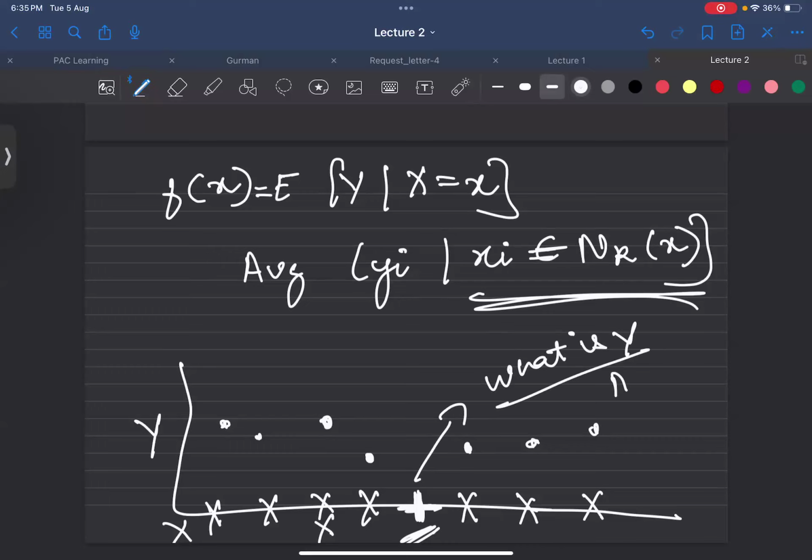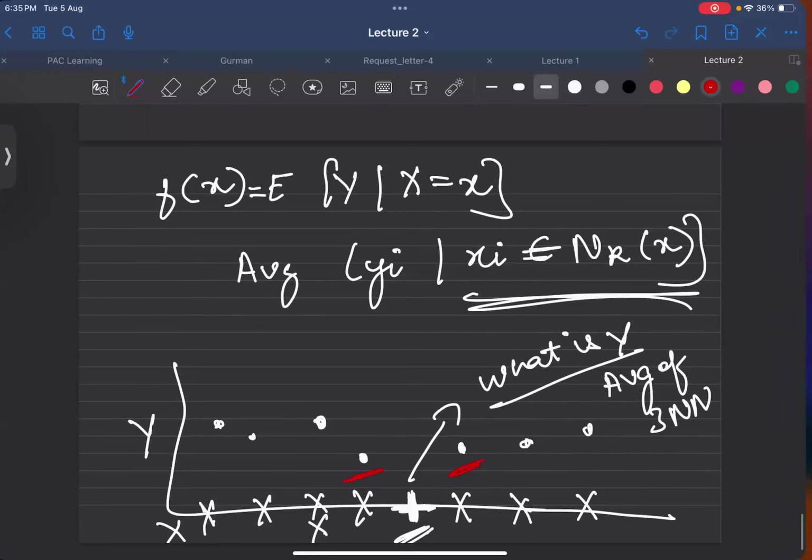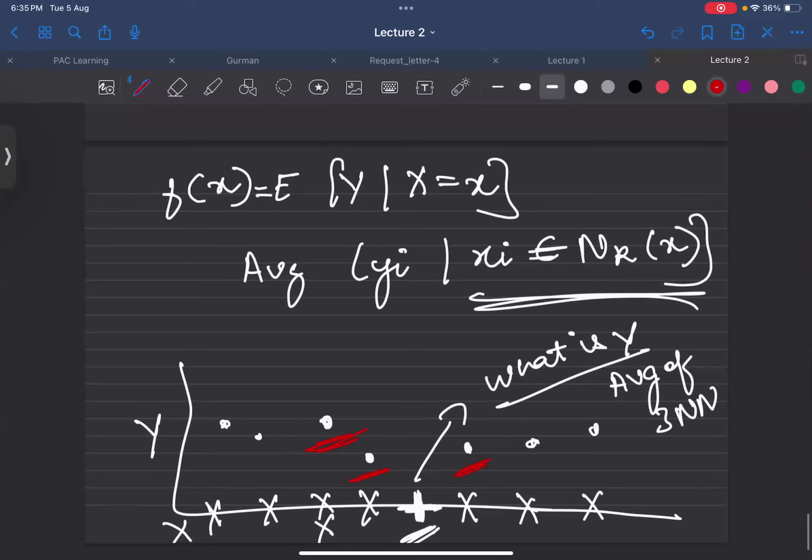So let us take the average of 3 nearest neighbors, which means this one and this one. Is it fine? And whatever the average is, suppose the average lies here.